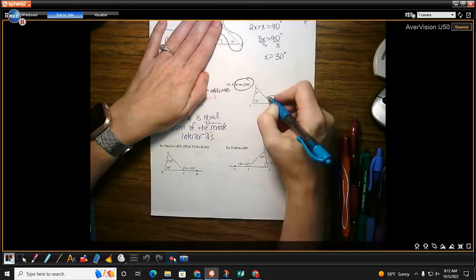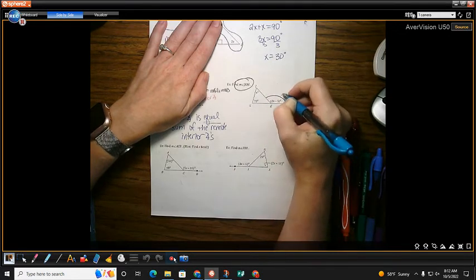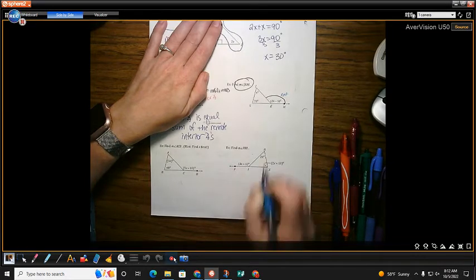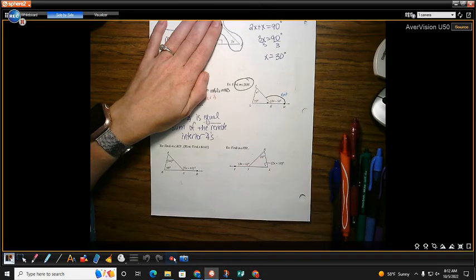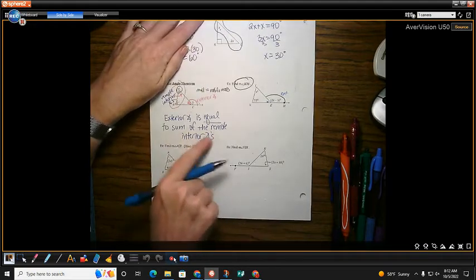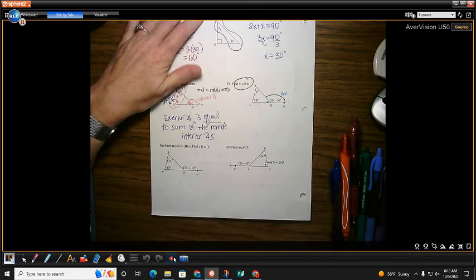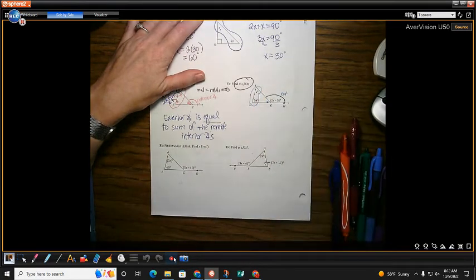What do I know about angle JKM? Well, it's exterior. What do I know about exterior angles? They're a linear pair with this guy, but I don't know anything about this guy. What else do I know? They're equal to the remote. It equals the sum of these remote interior angles.